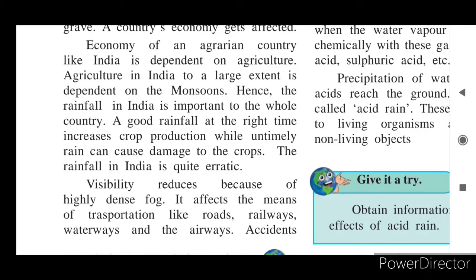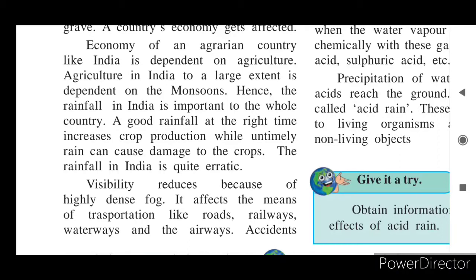Farmers are worried because their farm produce is destroyed because of heavy rainfall. Cotton, sugarcane, soybean, every crop, fruits, all are destroyed. And our rainfall is quite erratic.